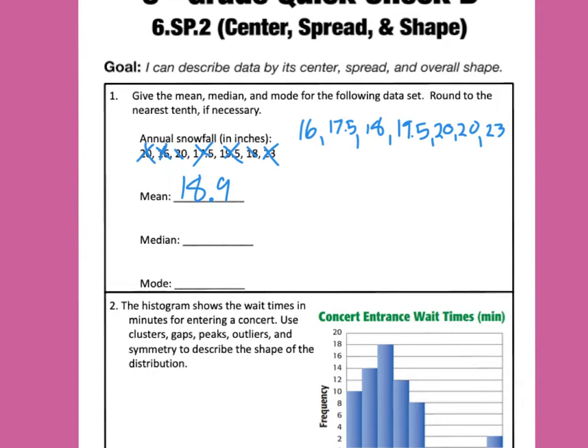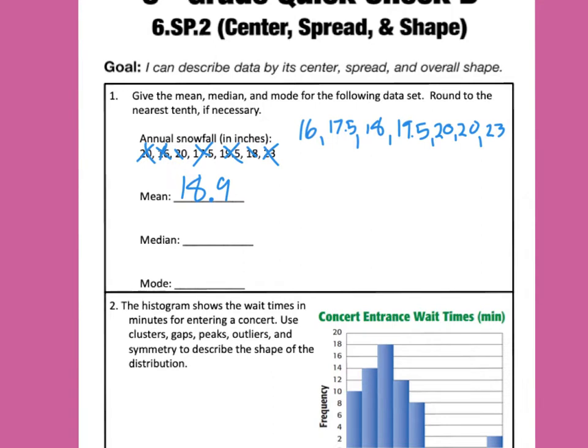Well, to find the median we would add both of those together, 19.5 plus 20, and then we would divide by 2. And it would give us the exact middle of the middle number. So that's just something to keep in mind if you run into 2 numbers, that you have to be ready for that. So what was our median again? I don't know. Anyway, I had it written down.